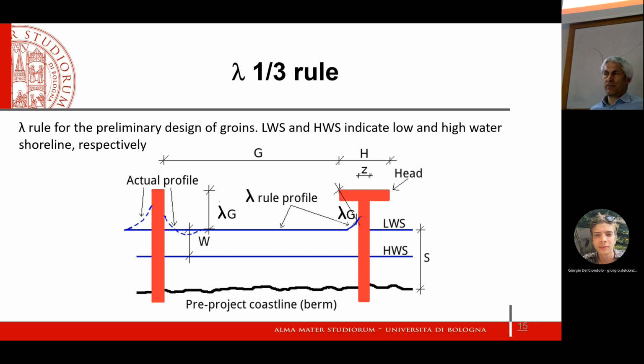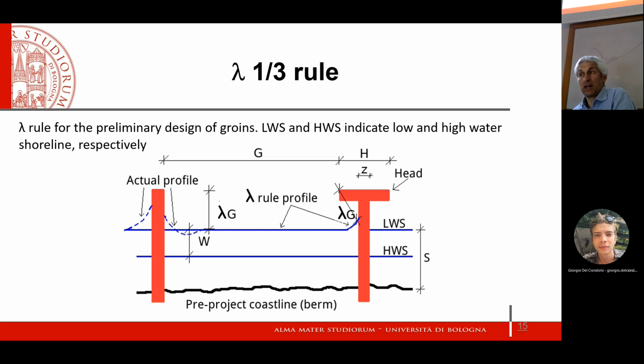Now, let's consider the T-shaped groin. You see how the distance lambda G is measured. It's measured from the extreme end of the groin. So what is the effect of the T? It is to cause, as it looks obvious, an accumulation of sand updrift with respect to the situation without the T. There is more accumulation because the sand gets trapped there.